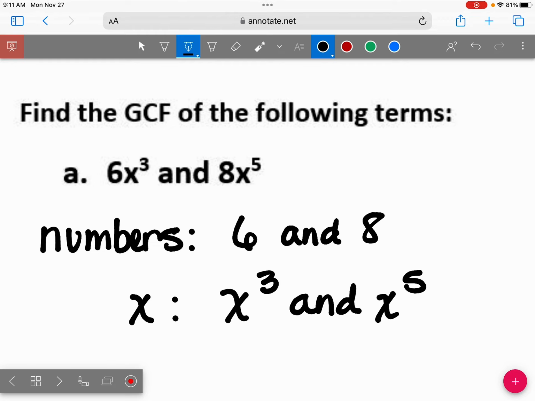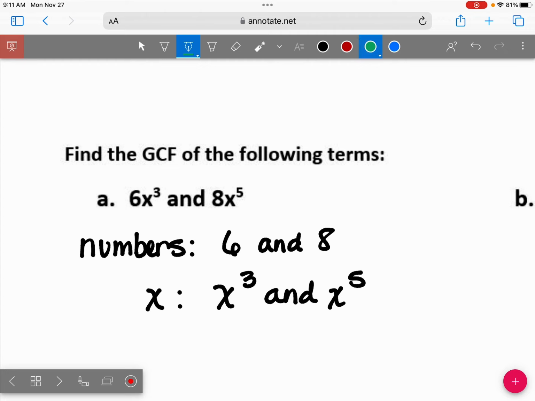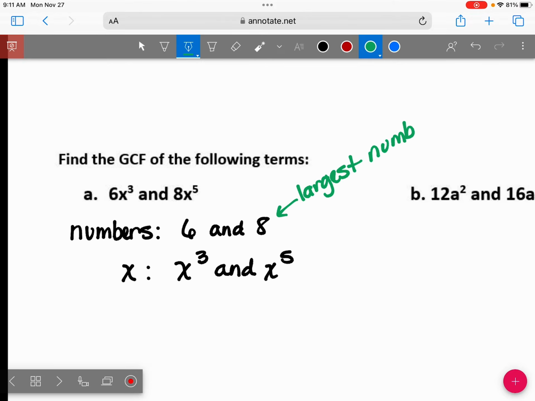I'm looking at them separately. So for 6 and 8, I'm asking for the largest number that divides out of both. So what would be that largest number? What's the largest number that can go into 6 and 8?